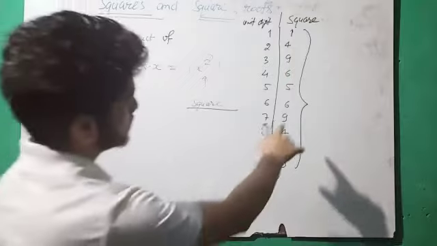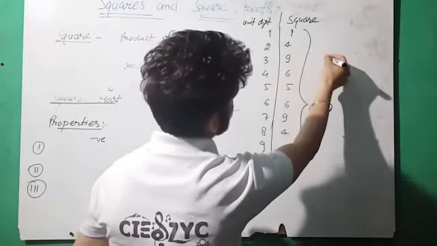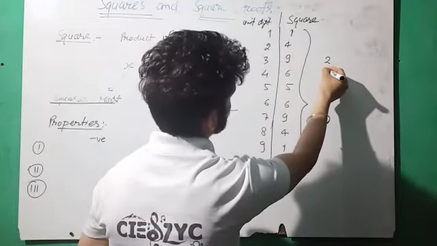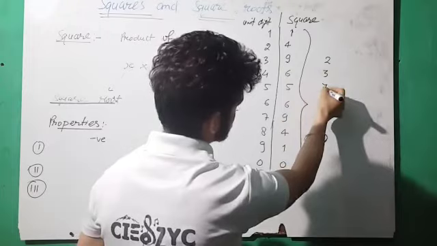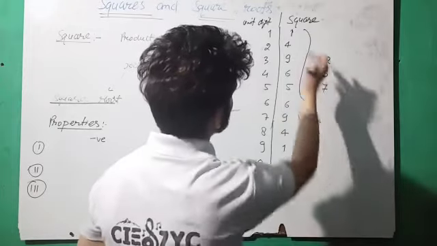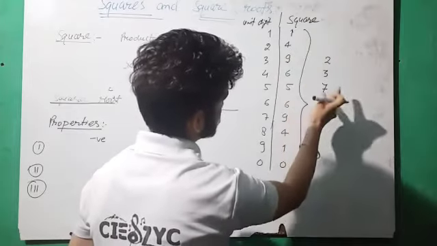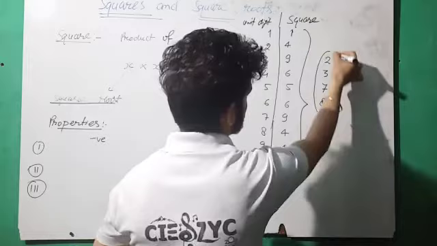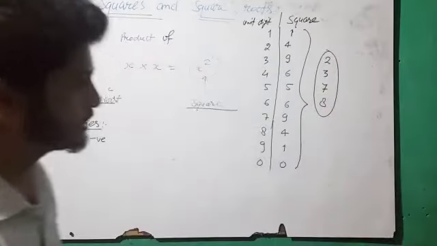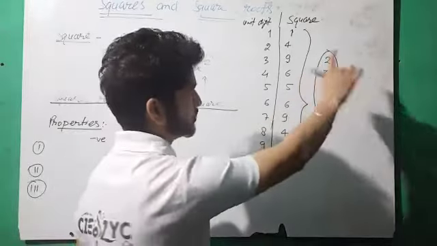So which digits are absent here? 2, 3, 7 and 8. So the square of a number, or a perfect square, never ends with these 4 digits.